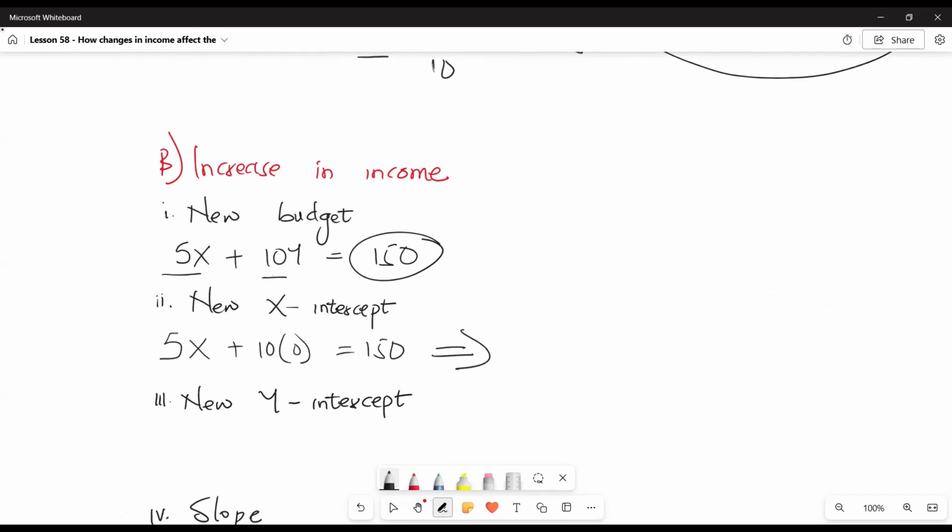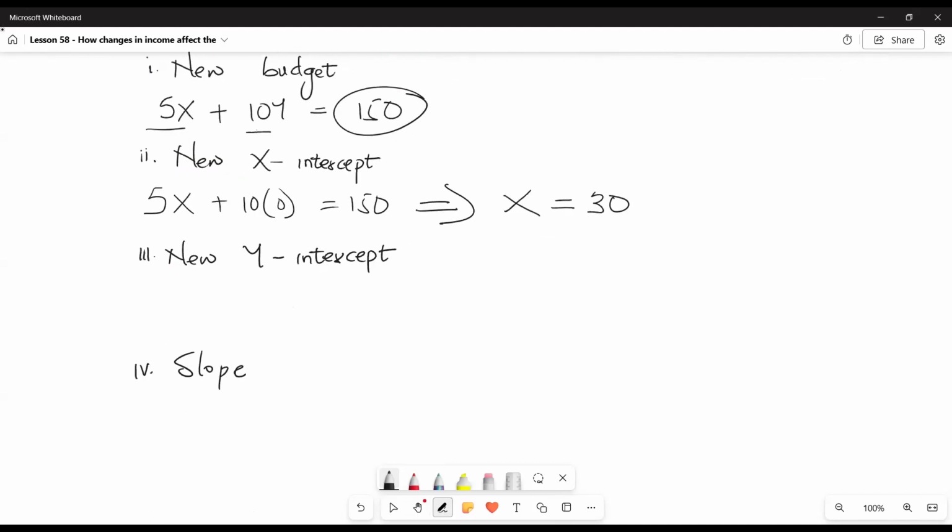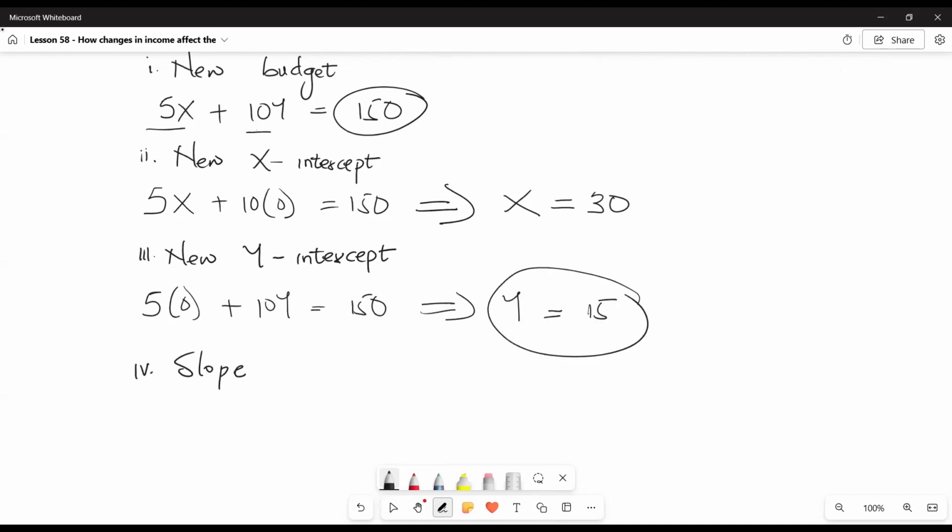So the maximum X that Ella can buy now is going to be 30. Then the new Y-intercept is going to be 5 times 0 plus 10Y equals 150. With this information, Y is now equal to 15.